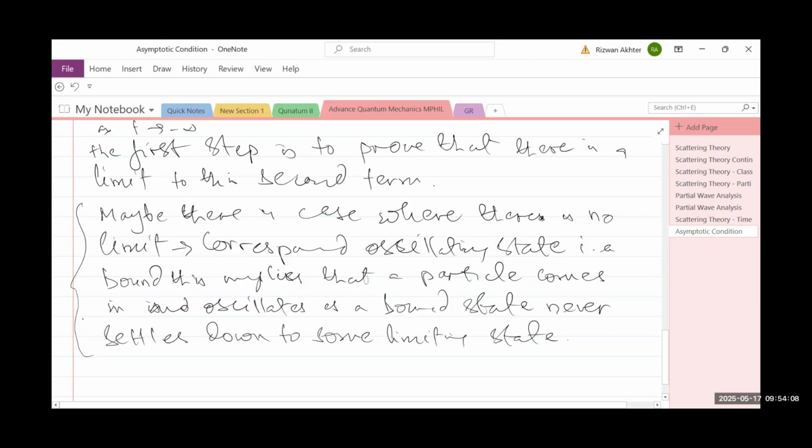So maybe there is this bound state, but what we are considering is not the bound state, but the case where the particle comes in and scatters into the out state. So what are we basically interested in?